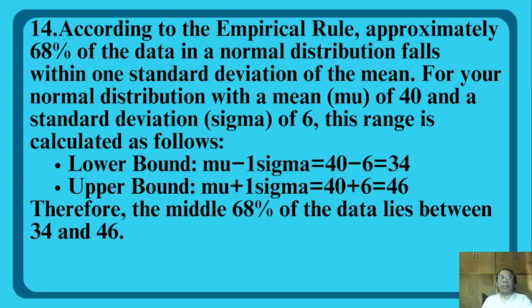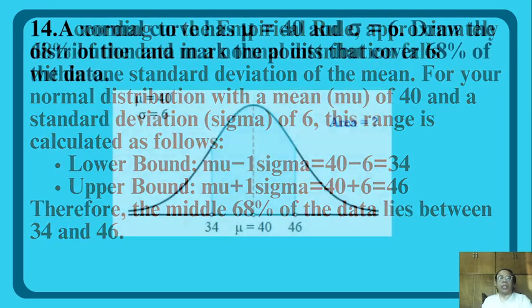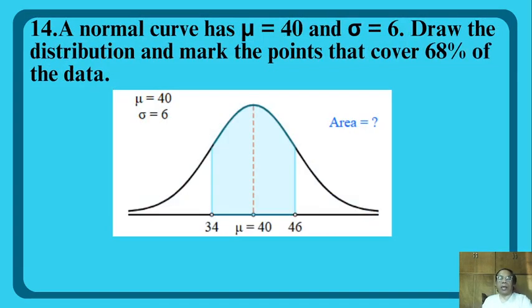Lower bound, mu minus 1 sigma is equal to 40 minus 6 equal to 34. And the upper bound is mu plus 1 times sigma, equal to 40 plus 6 equal to 46. Therefore, the middle 68% of the data lies between 34 and 46, as shown in our figure here.